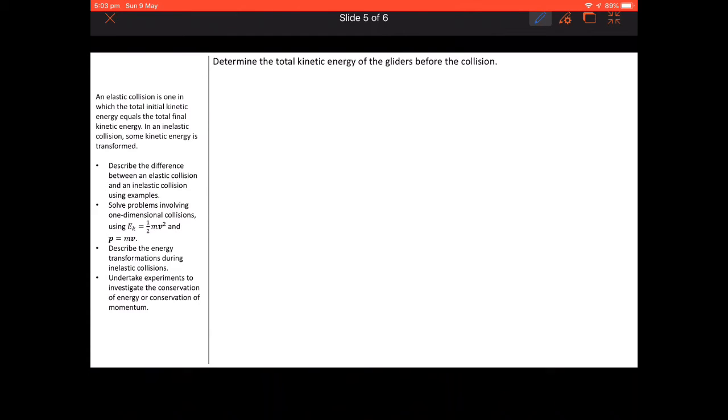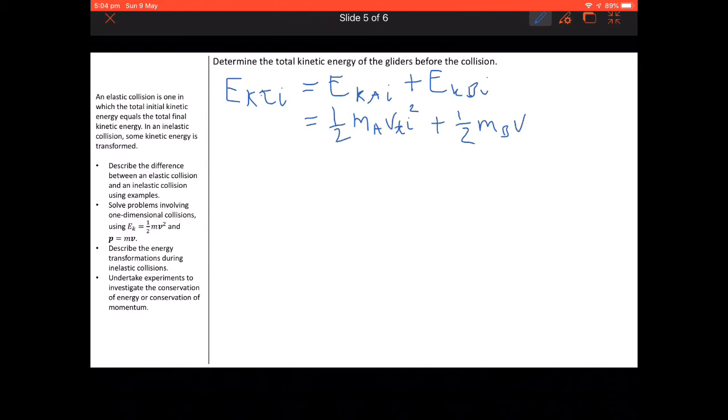So to do this, we'll need to add the initial kinetic energy of A and the initial kinetic energy of B. So this will be half mass of A initial velocity of A squared plus half mass of B initial velocity of B squared.